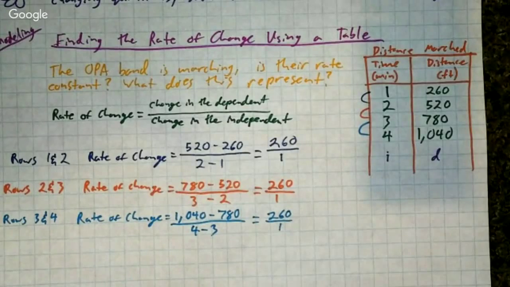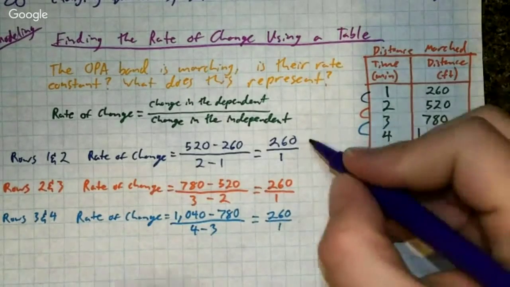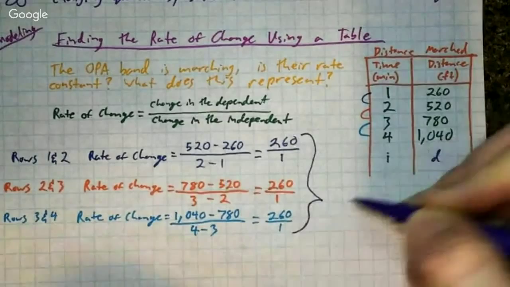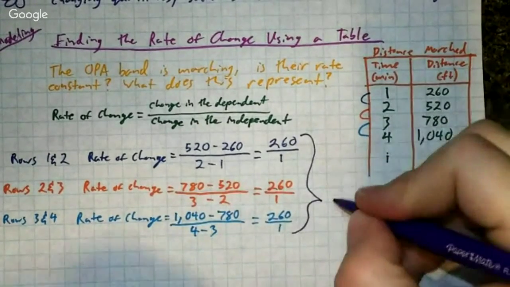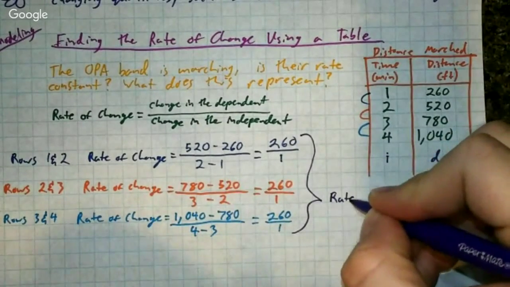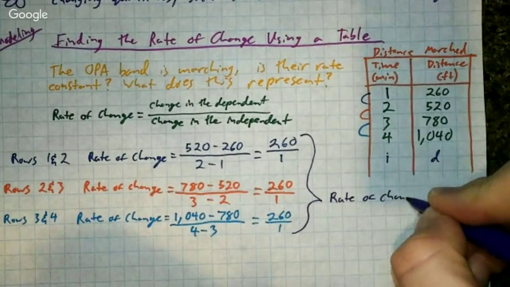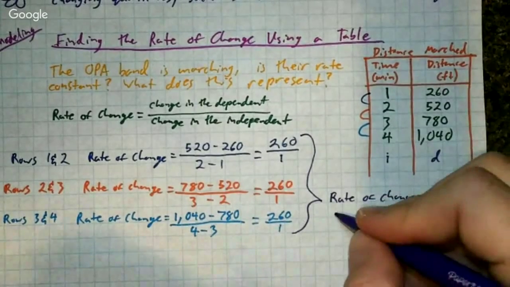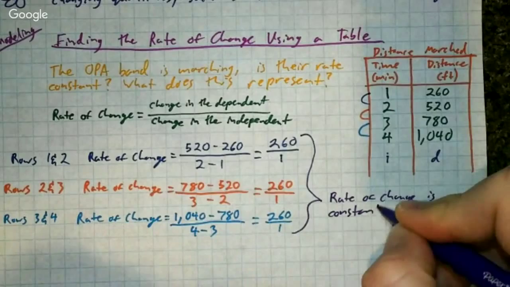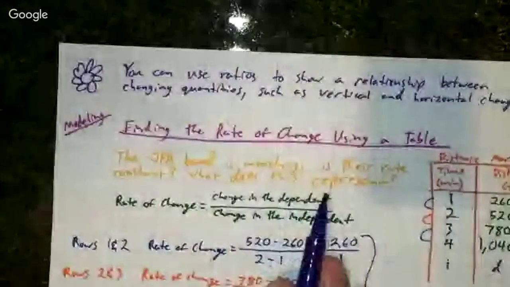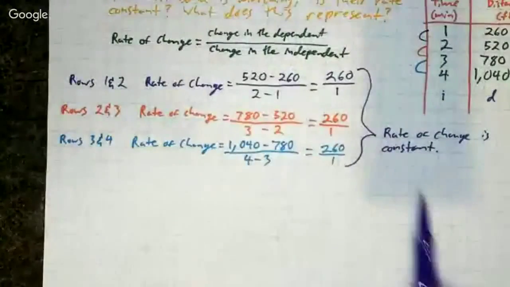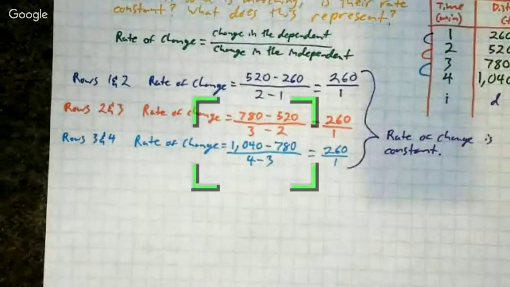And now I can be pretty certain that all three of these mean that the rate of change is constant. So it asks up here, is the rate constant? Yes, it is. I've checked all the different rows and it works. They are all constant.